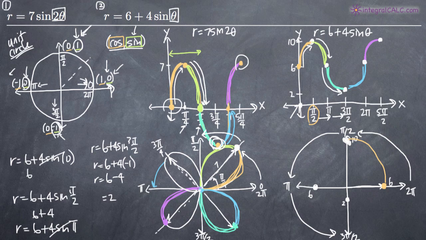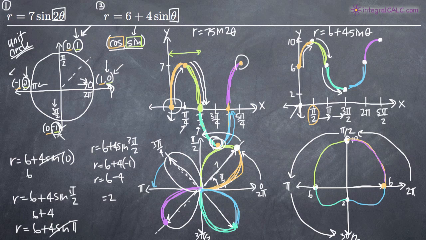Then we get green that comes from 10 down to 6. We get teal that comes from 6 to 2, and this is what it's going to end up looking like. And then from 2 here we'd come back to 6. And then we would repeat. Purple would wrap around again with orange, and we could keep going. And it will just be this continuous loop around the graph over and over again.